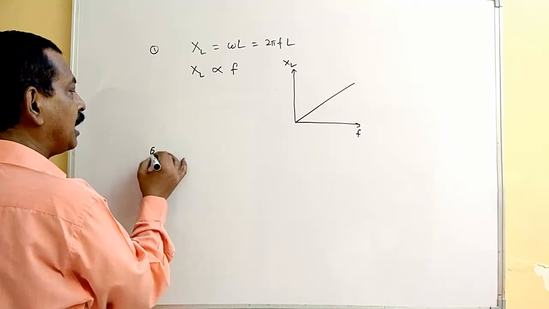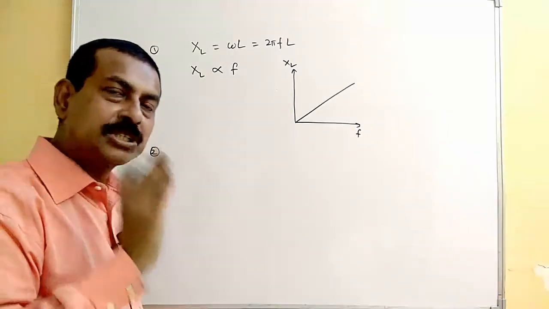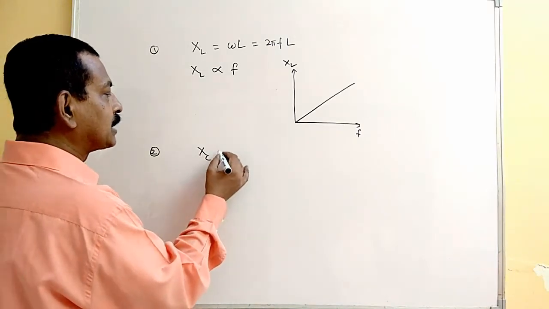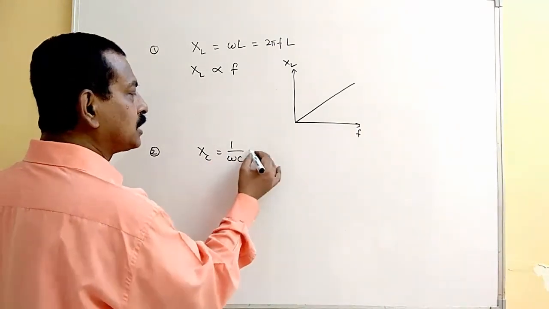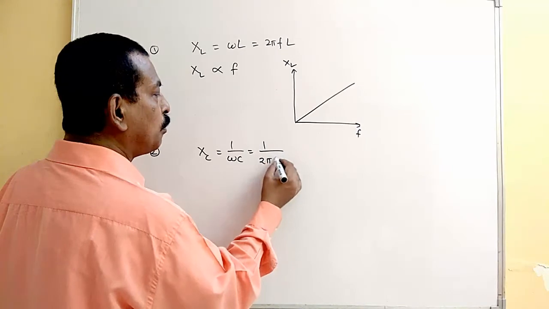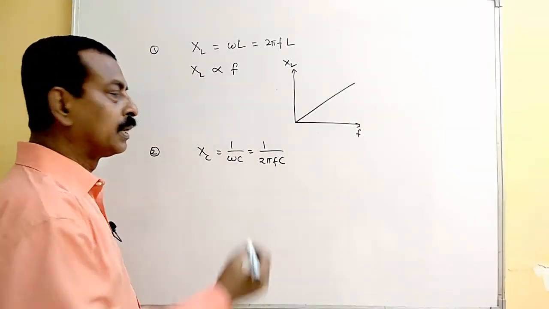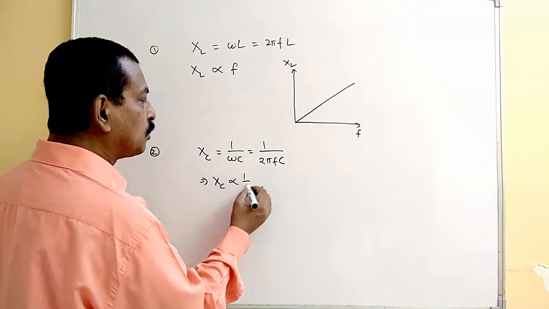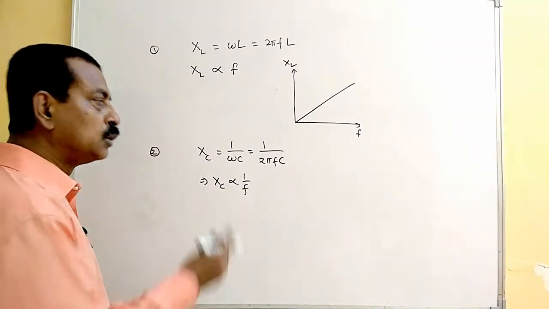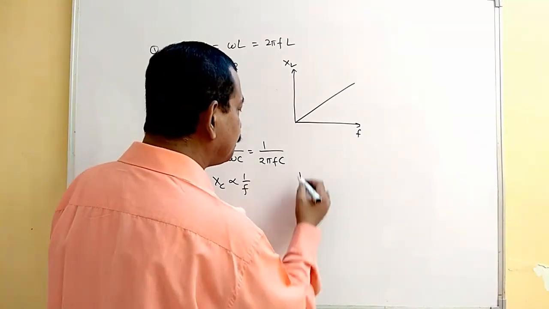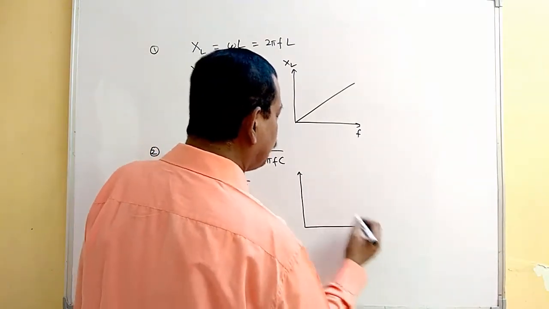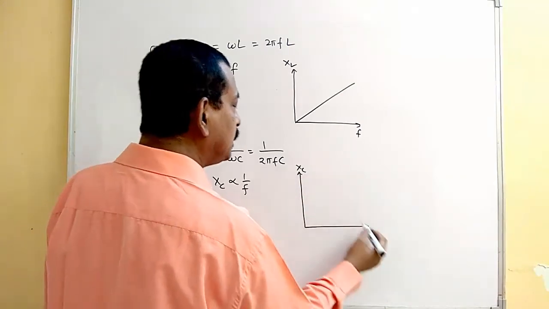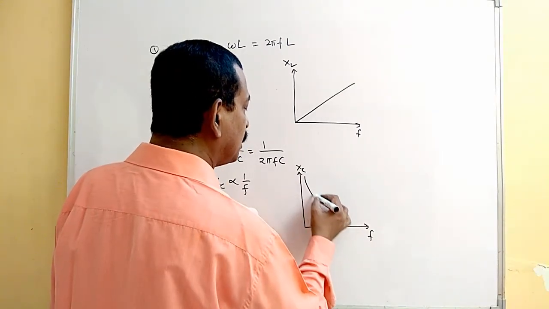But if you consider the graph between capacitive reactance and frequency, capacitive reactance XC is 1 by omega C, which is 1 by 2 pi F into C. So from here we get that XC is inversely proportional to F. So if you plot its graph, here we have XC and this is frequency.